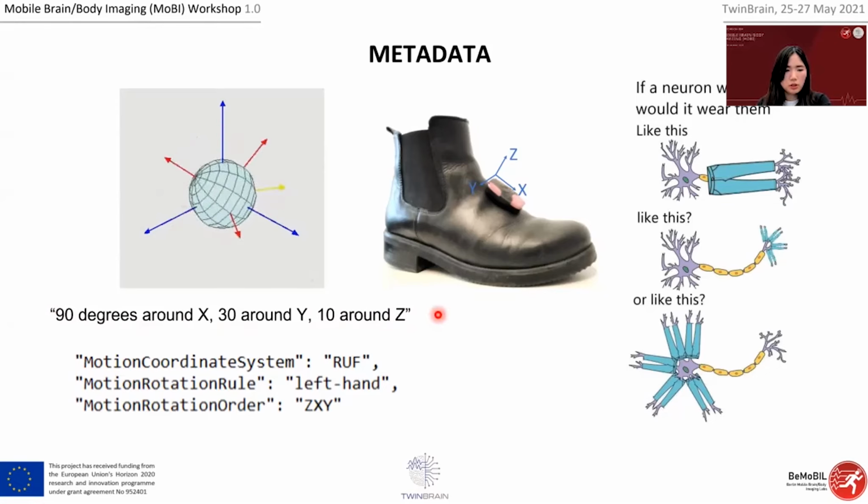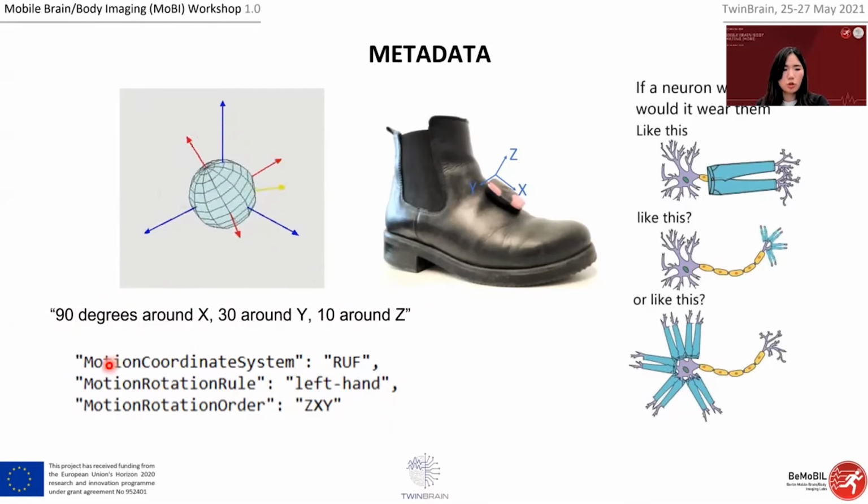In addition to this, you can specify the rotation rule, whether the rotation direction followed the left-hand or right-hand rule, and the order of the rotation, because this also matters. If you switch around the order of these rotations, then the object might end up facing somewhere else.